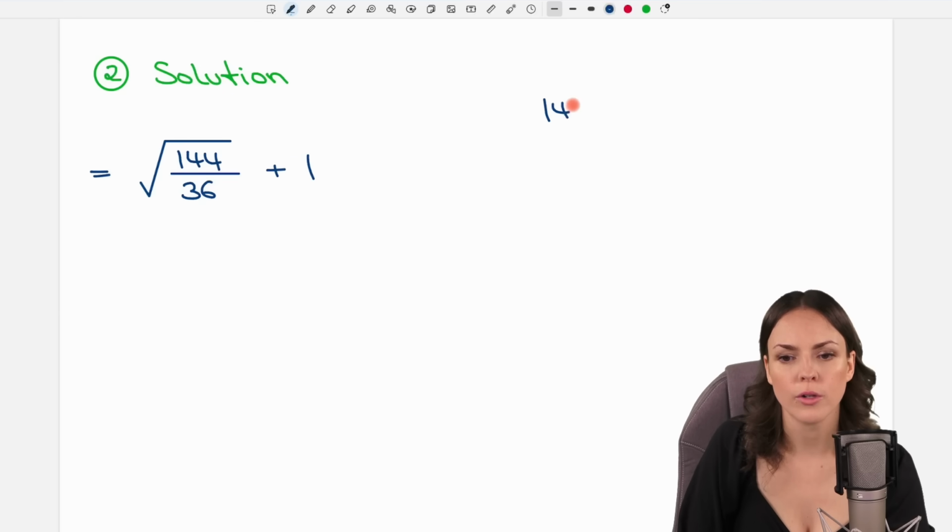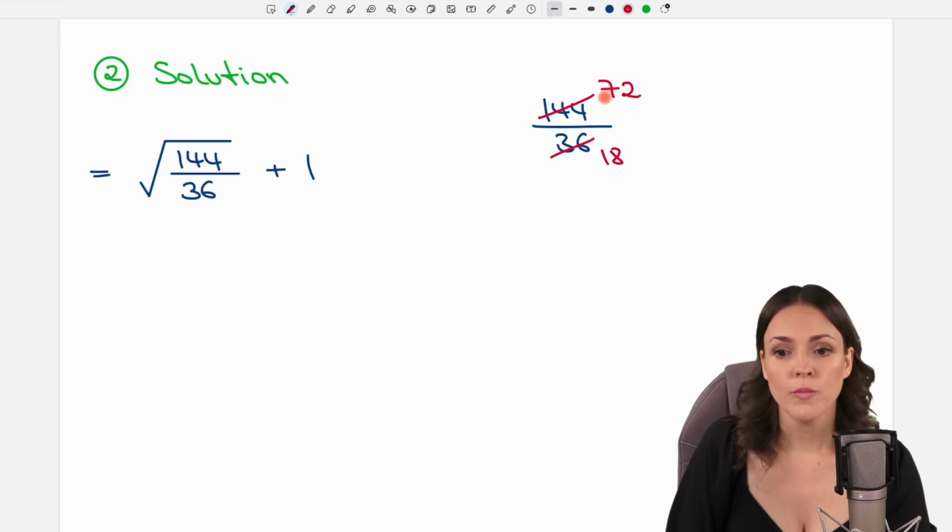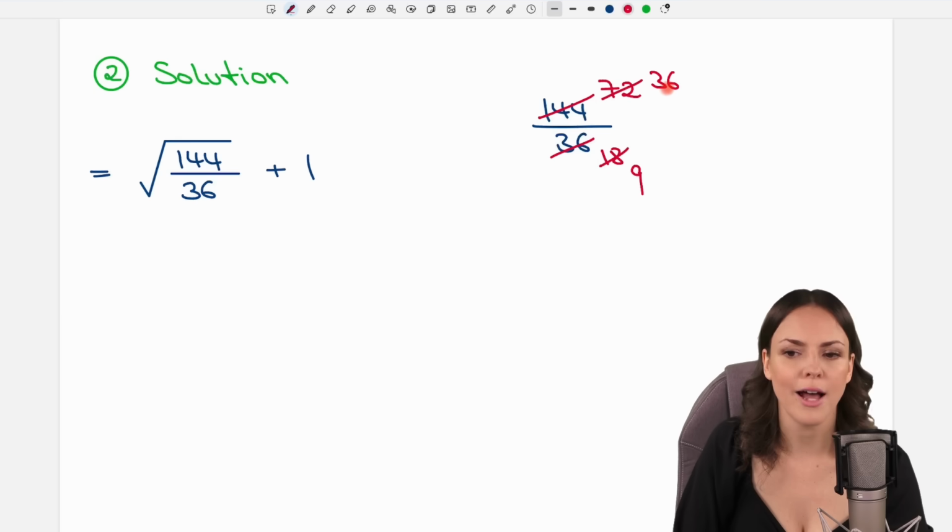So 144 over 36, we can go step by step. Both numbers are even, so they are divisible by 2. 144 over 2 equals 72, and 36 over 2 equals 18. Both numbers are again divisible by 2, so 72 over 2 equals 36, 18 over 2 equals 9, and now we can calculate 36 over 9 equals 4.